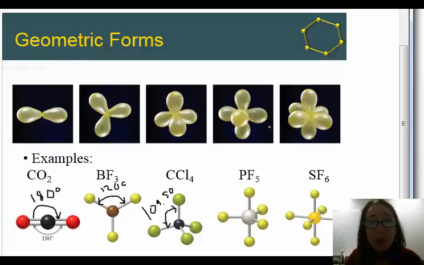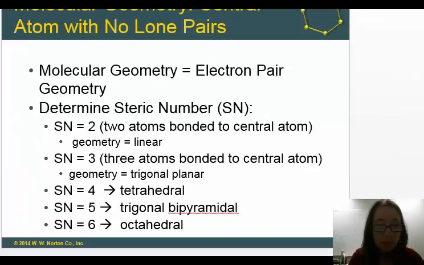So it's not just electron bonds. Anything that's trying to get as far apart from one another, starting from a central location, is going to assume this geometry. Now we're only going to look at steric number 4. So if we have a steric number 4 and no lone pairs on the central atom, then we know that the molecular geometry is tetrahedral.